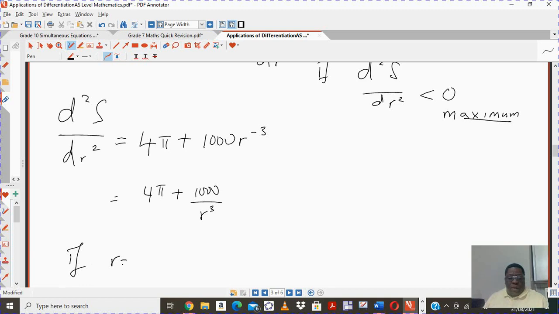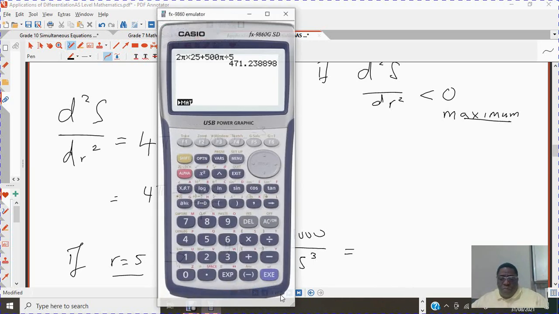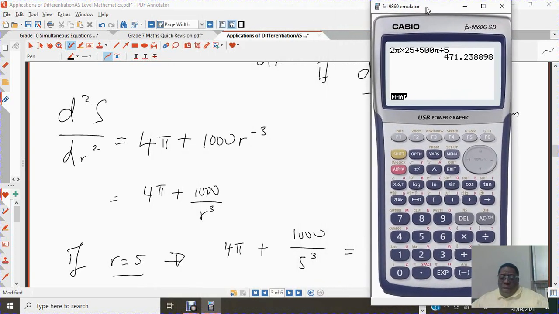If r is equal to 5, what do we get? So we have got 4 pi plus 1,000 over 5 cubed. We need to be able to see what number we get. If you substitute it in there, you're going to get some answer, so let's grab the calculator, perhaps. Let's just clear our display.